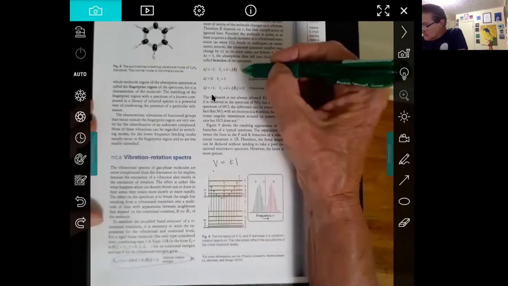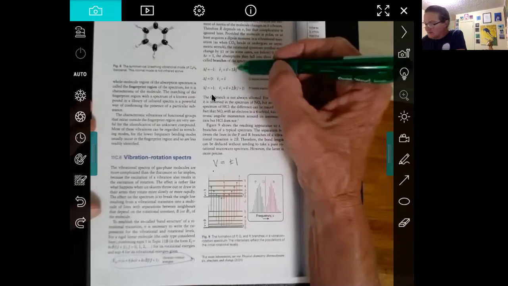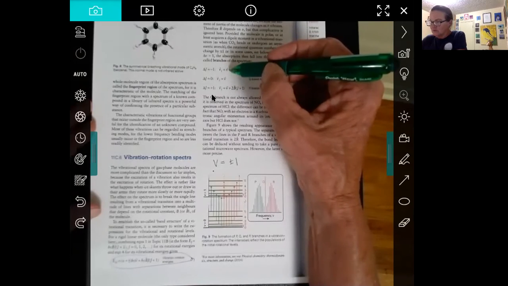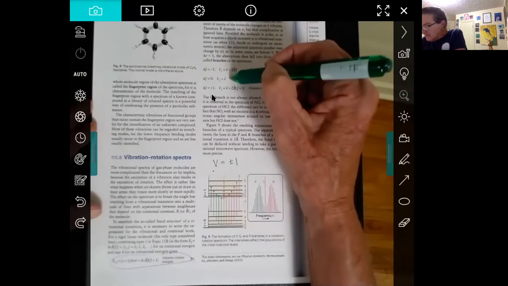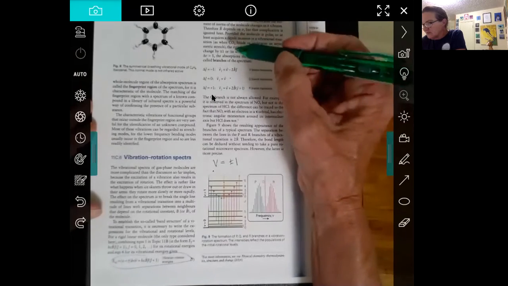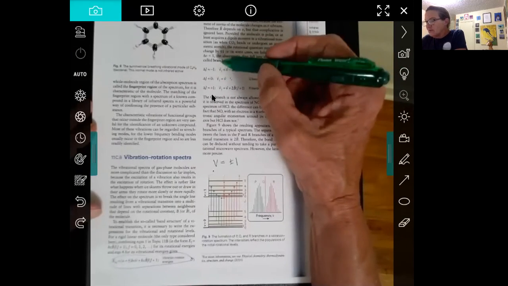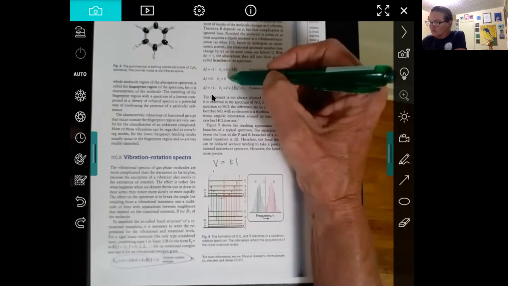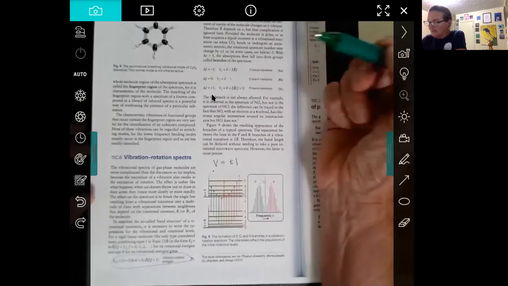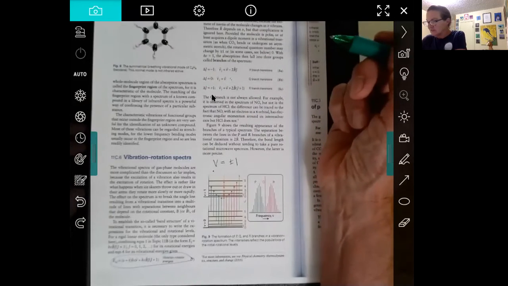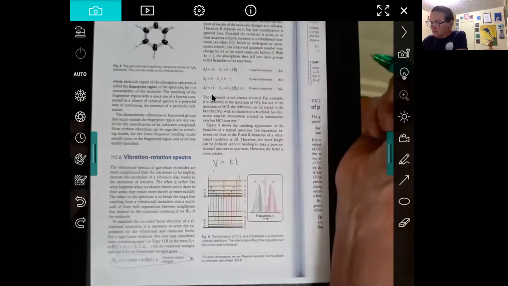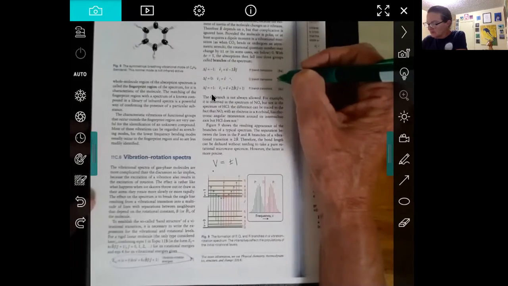So it doesn't go up as high as it would if you were just undergoing a transition between two vibrations. This guy is actually forbidden, this thing called the Q branch, where V goes up by 1. So you have a frequency for vibrational change, but the rotational state doesn't change. That's forbidden from quantum mechanics, so you won't see that branch.